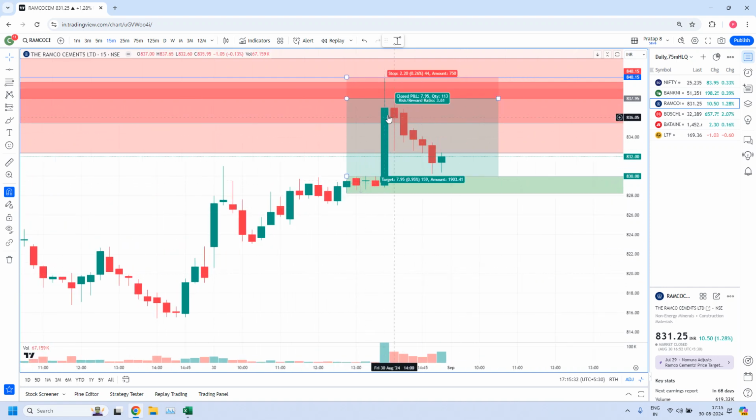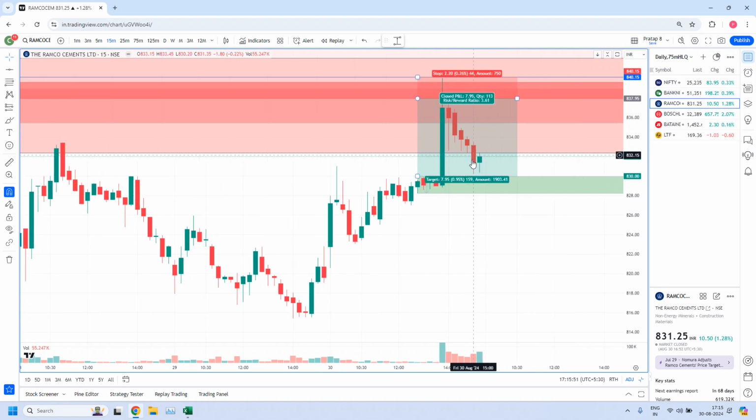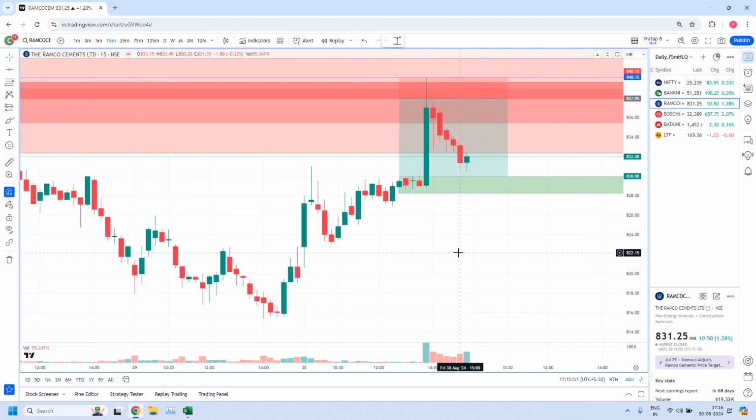This not only got our order, but also created a new target zone. Earlier, maybe you would have kept your target somewhere here in this candle, rally, base, rally. Now, because a new 15-minute zone is created, we have adjusted it. It came almost close, maybe a few paisa before. But that is okay. It successfully reached the target.